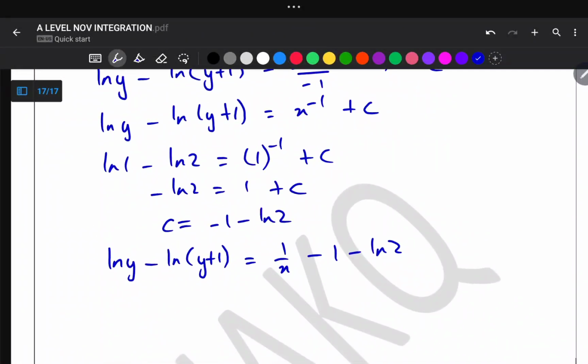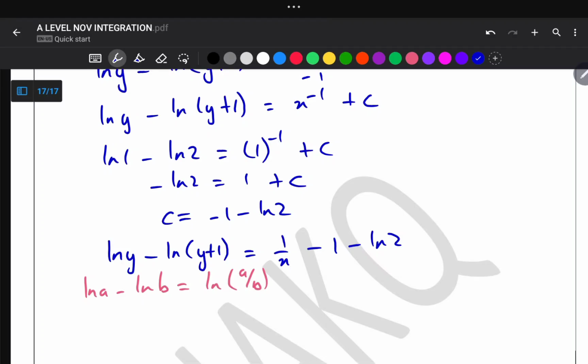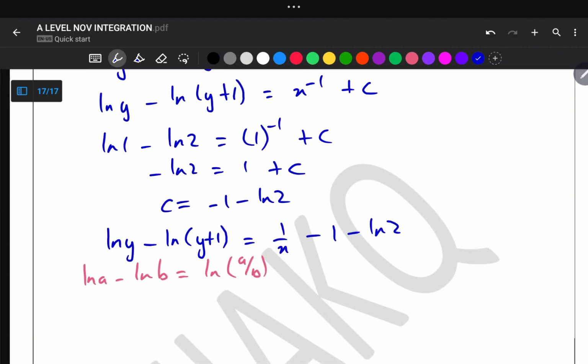So here we can combine these two logarithm functions on the left hand side of the equation using our law of logarithms, which says if we have ln a minus ln b, for example, this will give us ln a over b. So we are going to use this idea to combine these two logarithm functions on the left hand side. So we now have ln of y over y plus 1 being equal to 1 over x minus 1 minus ln 2.